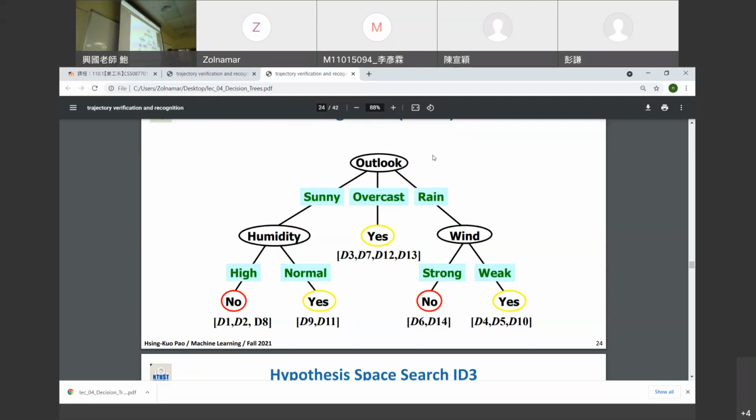One thing we can say is that it is not good enough just because it's a greedy algorithm, so it doesn't guarantee that the result is optimal, right?